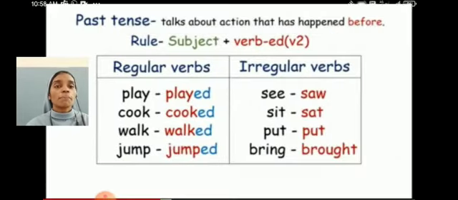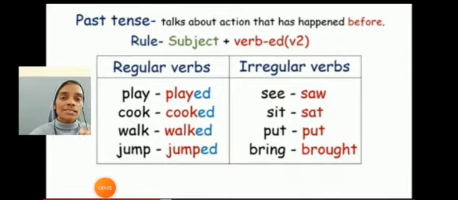Next we'll see past tense. It talks about the action that has already happened before. This sentence starts with the subject and the verb in its regular or irregular form.